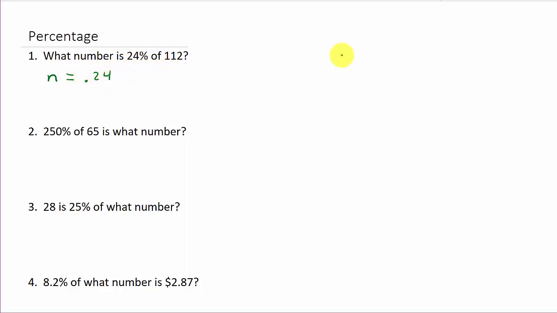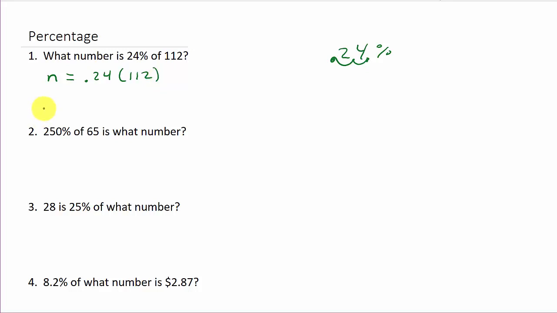Remember, to go from percentage to decimal, you see the 24% here, you pretend there's a decimal there and you move it 2 places to the left. Okay, so what number is 24% of, so of means multiplication, of 112. So that's going to be times 112.